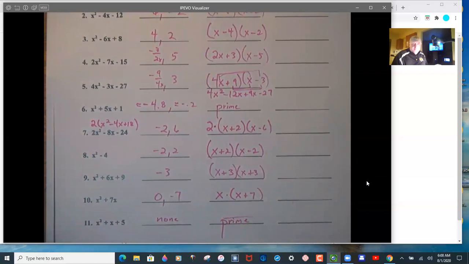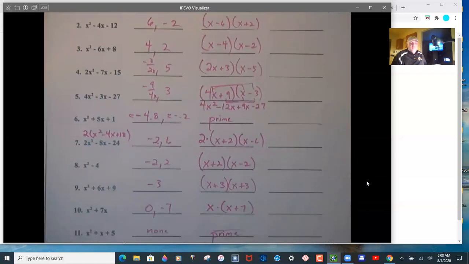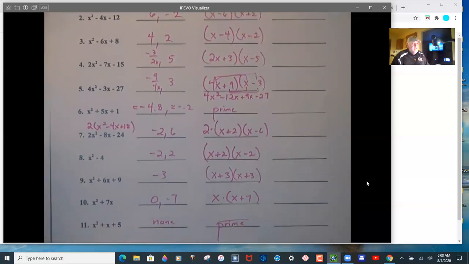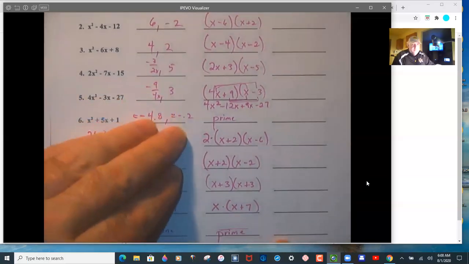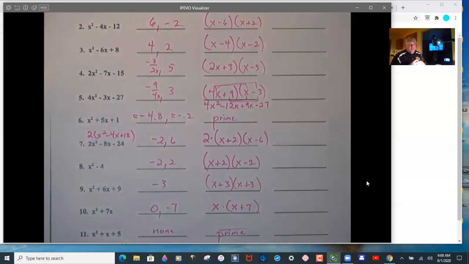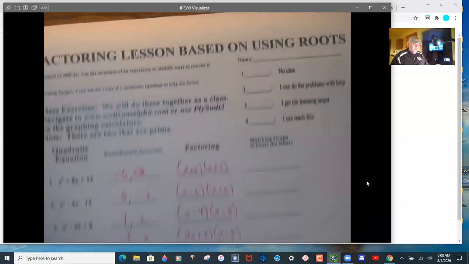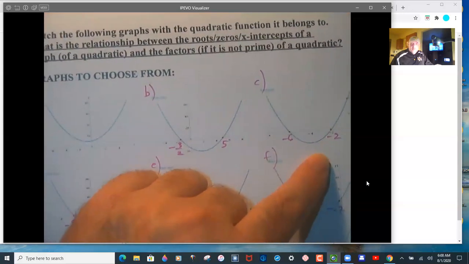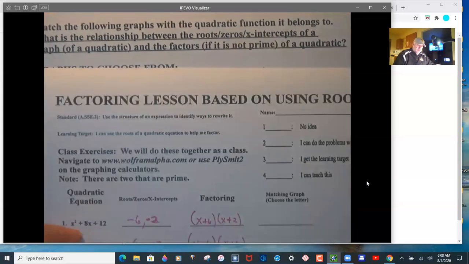That's factoring. Okay, so when is it prime? When you get no real roots, no x-intercepts at all, or your x-intercepts are irrationals, kind of like those long decimals we got on the last set of practice quizzes. And then you match the x-intercepts up, so -6, -2. That matches C. So on and so forth.